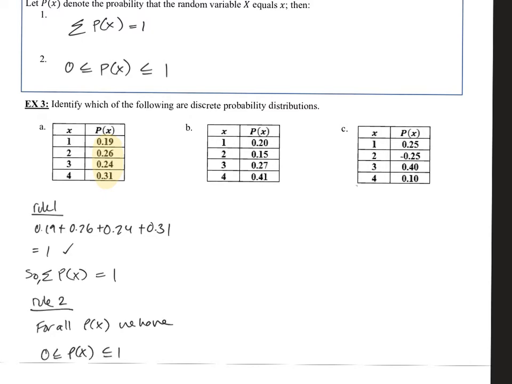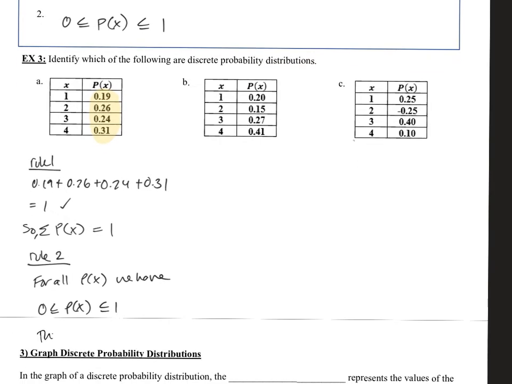Okay, so what does this mean? Well, this is a discrete probability distribution. Period.